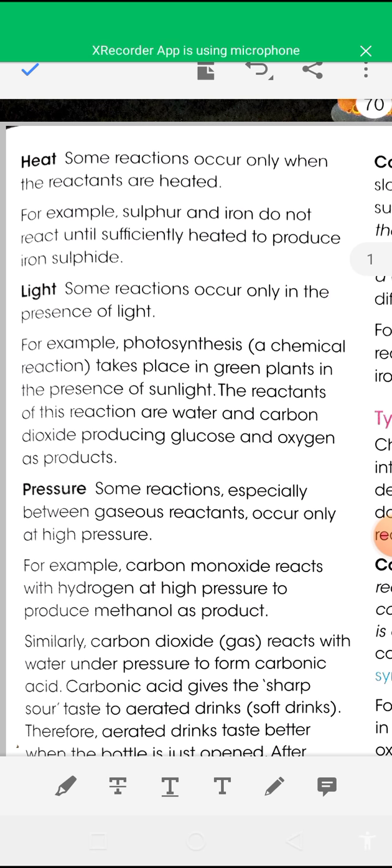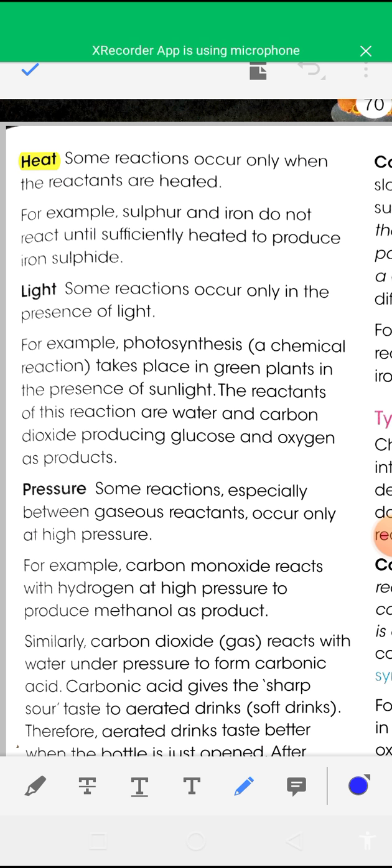Next condition of chemical reaction is heat, that is a source of energy. Some chemical reactions occur only when the reactants are heated. For example, sulfur and iron do not react until sufficiently heated to produce iron sulfide.